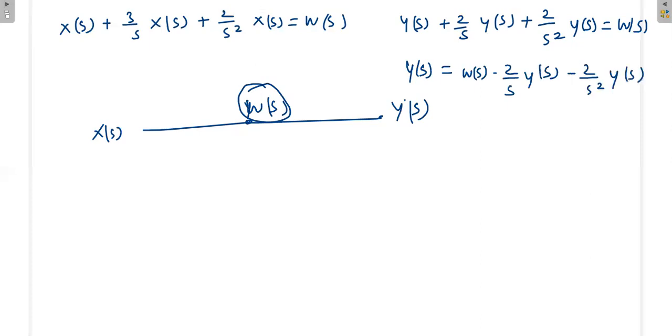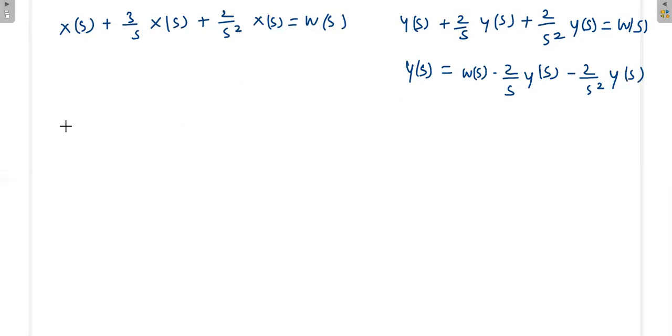Now we'll start with X(s), and it's going like this. Then 3/s into X(s). So now we'll use one integrator here, 1/s, and again another integrator here, 1/s.